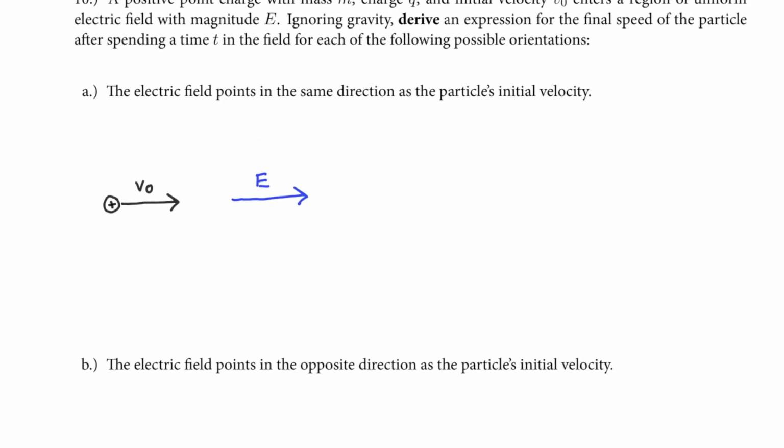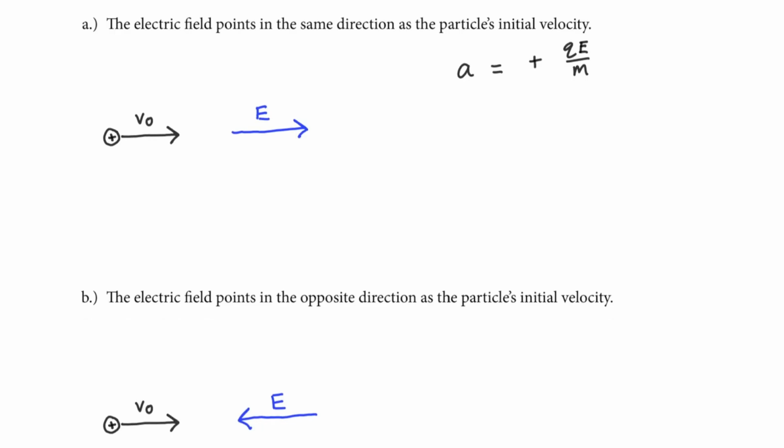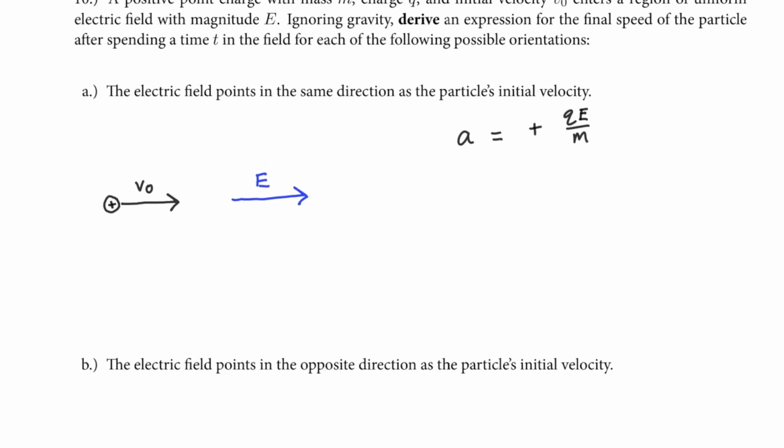So first, in this case, the acceleration is going to be plus qE over m in the same direction as the object's velocity. Because if a positive charge travels with the E-field, it's going to feel a force with the E-field, so it's just going to stack on to make it larger.